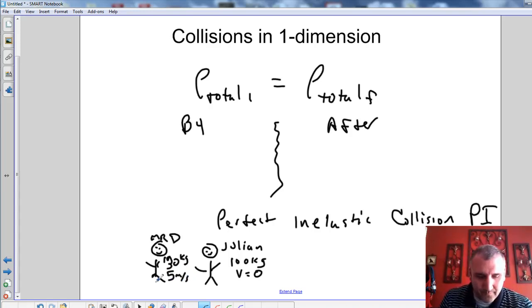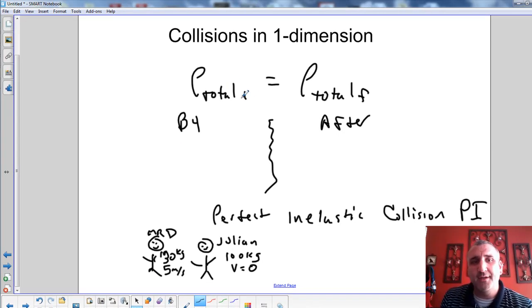Before the collision, we should probably know what the momentums are. And we say P total I, so we look at the total momentum of both of us before the collision.